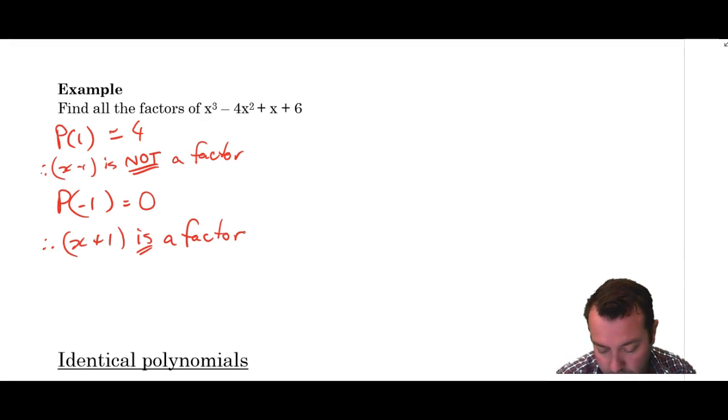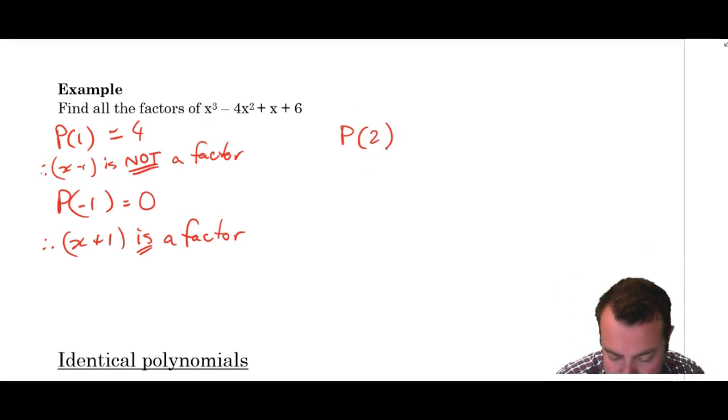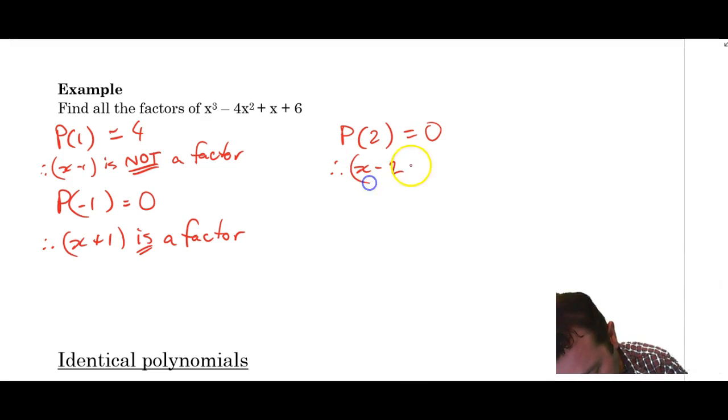So I'm going to have a look for 2. And what do I get there? 2 cubed minus 4 lots of 2 squared plus 2 plus 6. Pretty sure that equals 0. That means that x minus 2 is a factor.